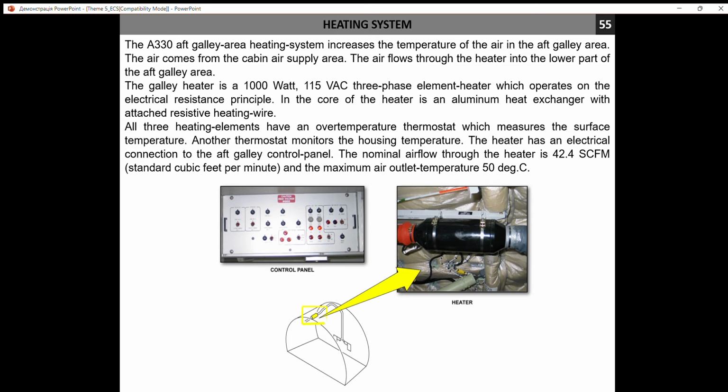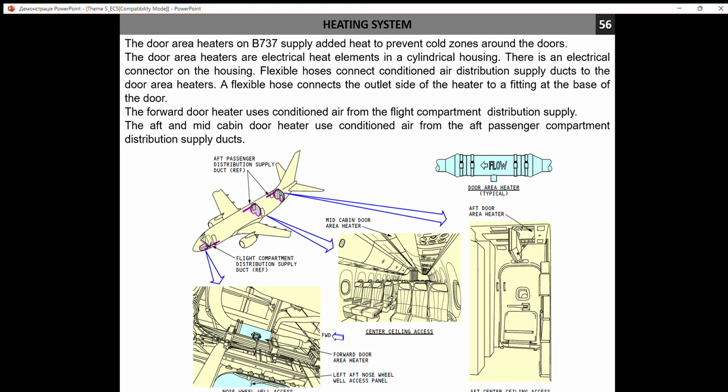And as a variant, you may control the density of the water presence in this compartment. Another variant of an additional heating system that may be on airplanes, for example the 737, is installed in the zone of the entrance door.